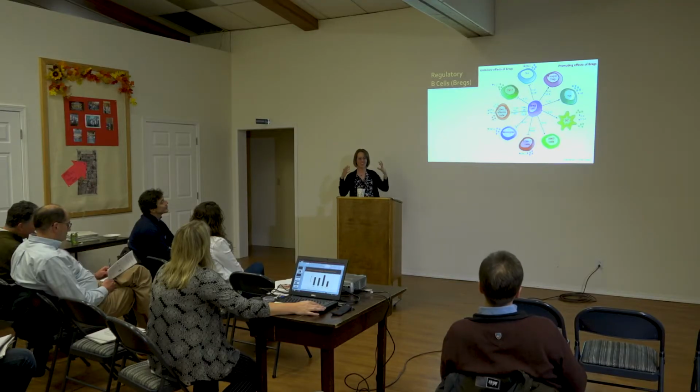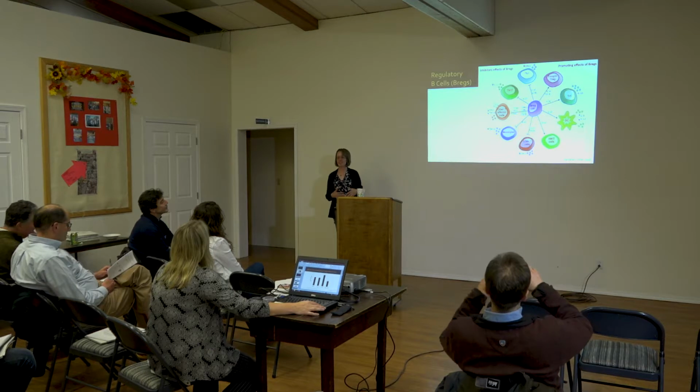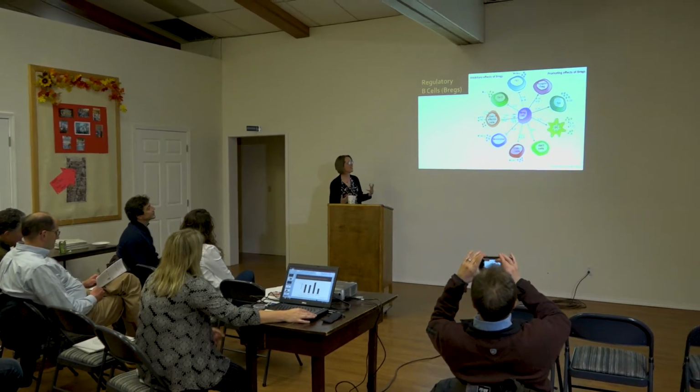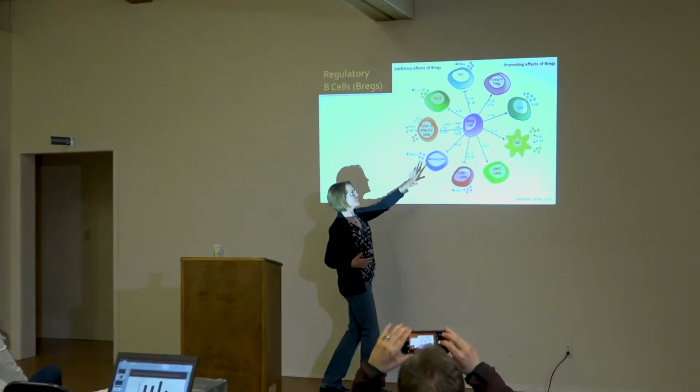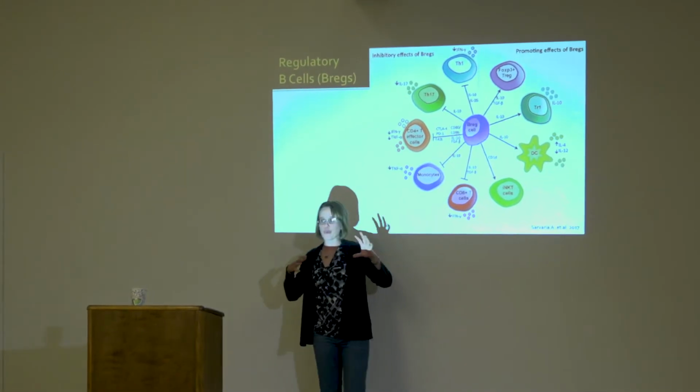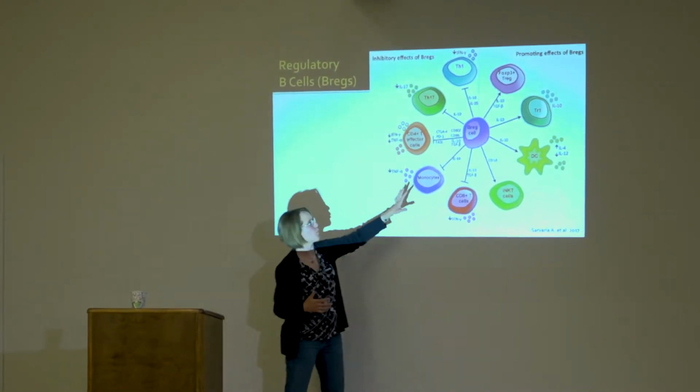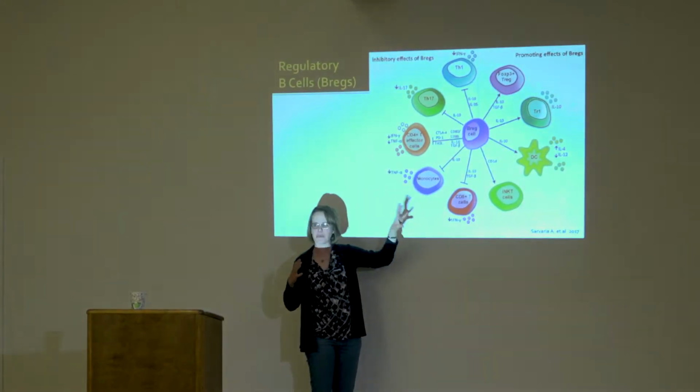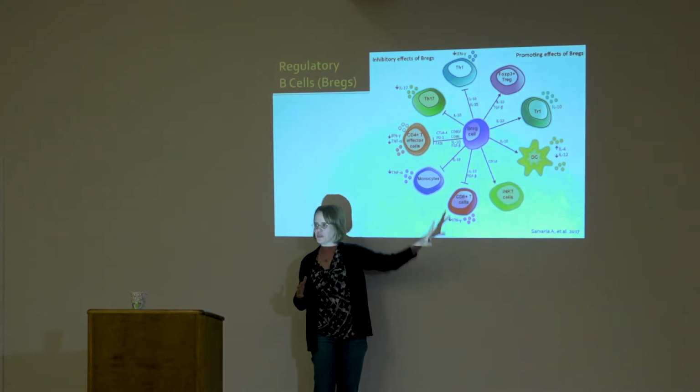And so for anyone who does not have a PhD in immunology, so besides you two, everyone else, B regulatory cells are a newer identified subset of B cells, and they have different responses. As the name suggests, they're regulatory, but what that means is something different depending on which other immune cell you're looking at.